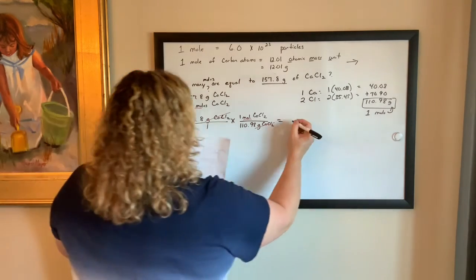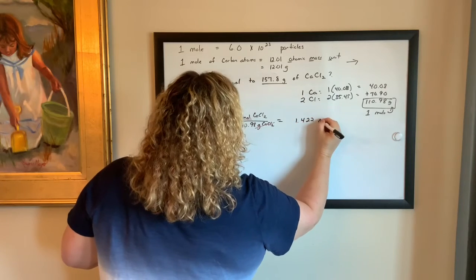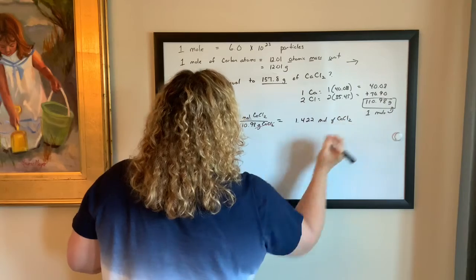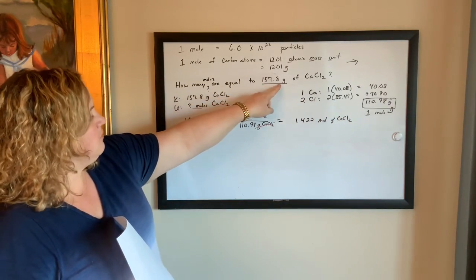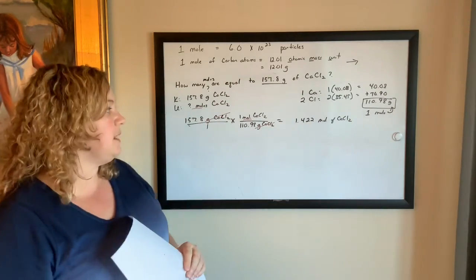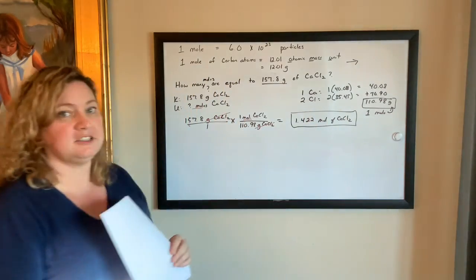And you should get 1.422 moles of calcium chloride. 1, 2, 3, 4. 1, 2, 3, 4. I'm good on my sig figs. That is my final answer.